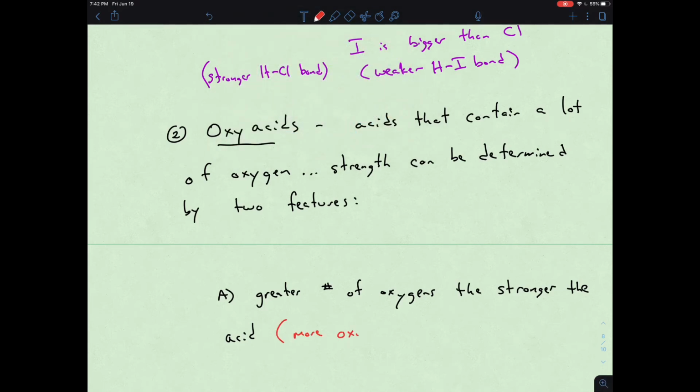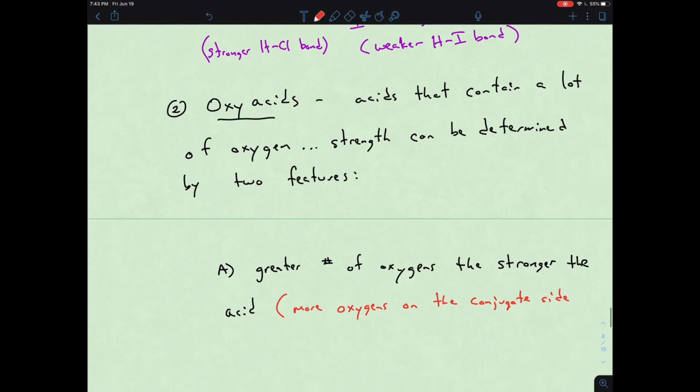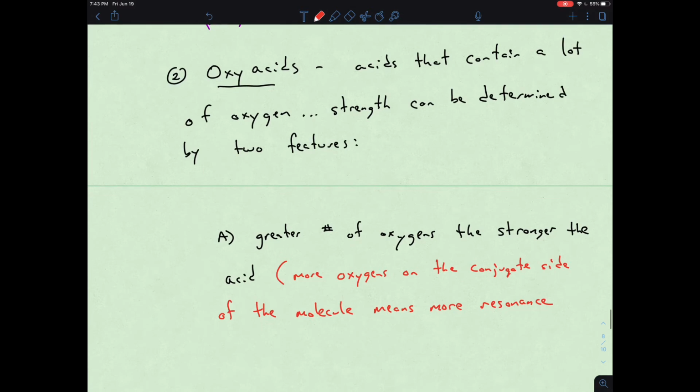More oxygens on the conjugate side of the molecule actually means more resonance structures and greater stability as a result.